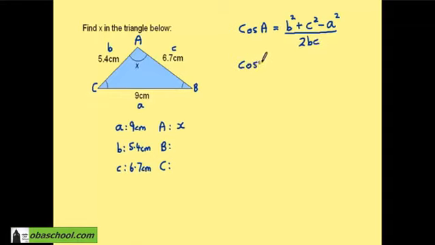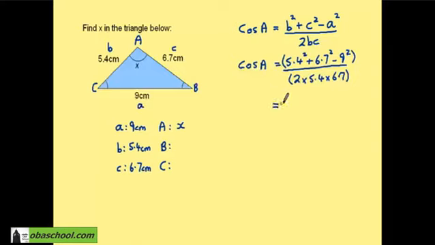So the cosine of A is equal to 5.4 squared plus 6.7 squared, take away 9 squared, all divided by 2 times 5.4 times 6.7. These brackets may help when you type it into the calculator.